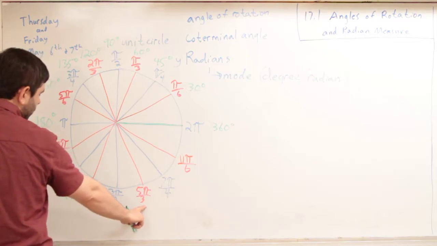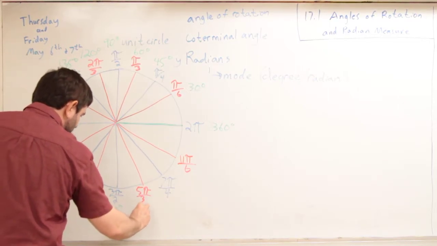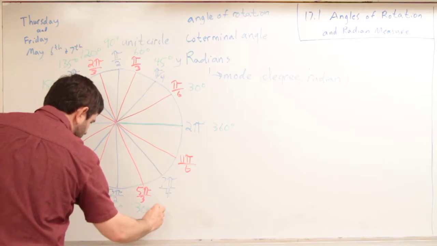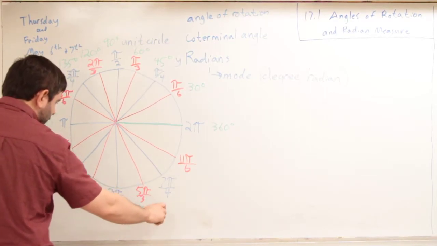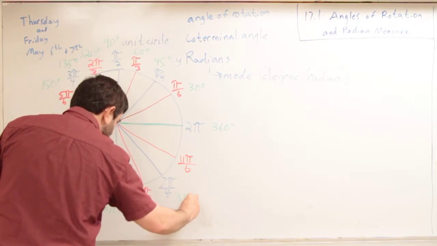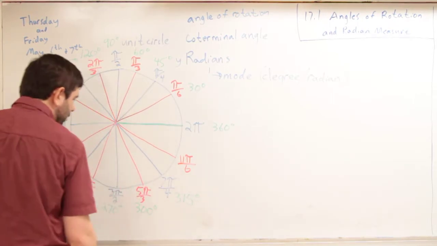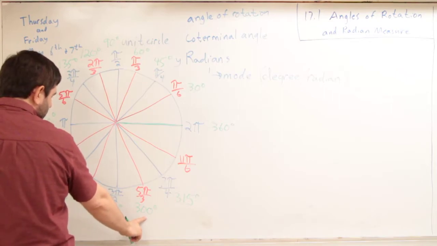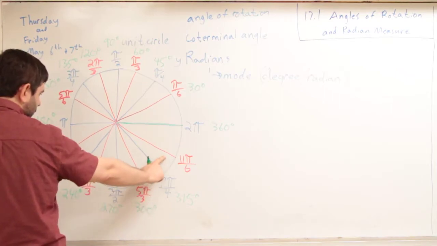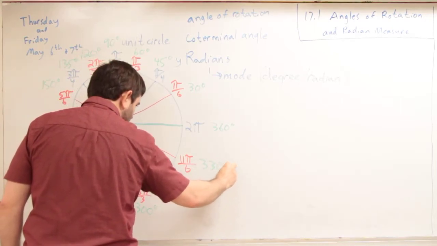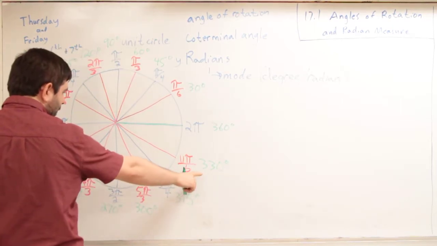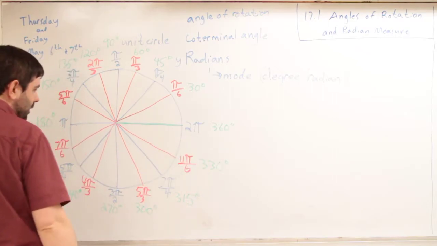This is 270 degrees plus 30, so we get 300. 270 degrees plus 45 degrees, that's going to be 315 degrees. 300 degrees plus 30 degrees will give us 330 degrees, and if we add another 30 degrees, we'll get back to 360.